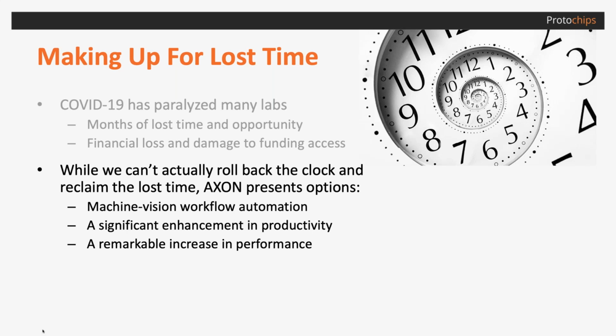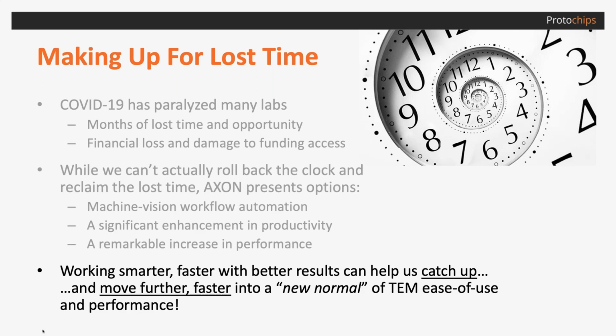And every piece of data that comes out of the system under AXON support will be theoretically at a much higher resolution, a much higher level of performance. So the work you do faster might actually be better work. And once you have caught up with the backlog of what you missed while we were paralyzed by this crisis, you'll continue to work with your TEM in what AXON will have established as the new normal of productivity, performance, and ease of use.